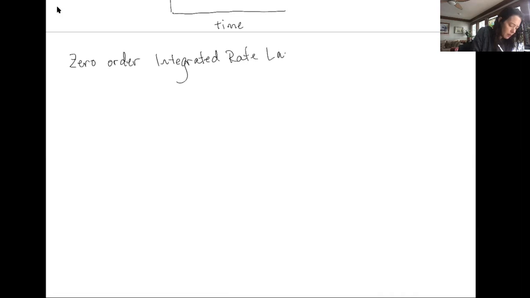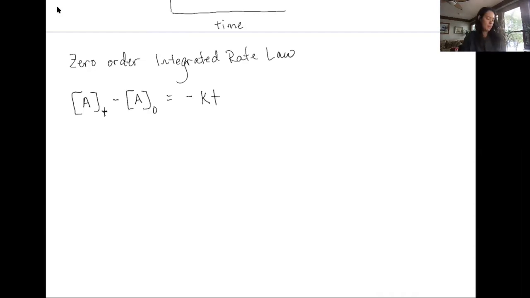And what we're going to have is I'm going to use A at a given amount at a given time, minus A initial, equals negative kt. That's my zero order rate law.